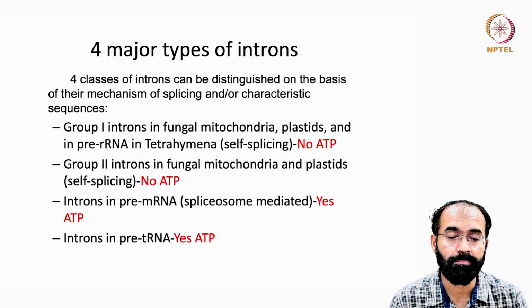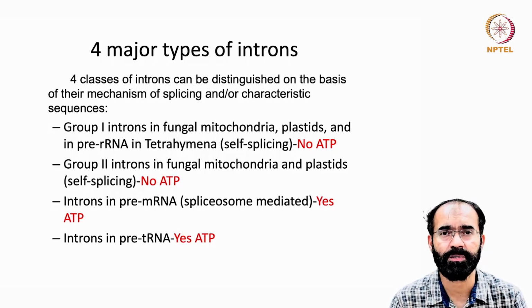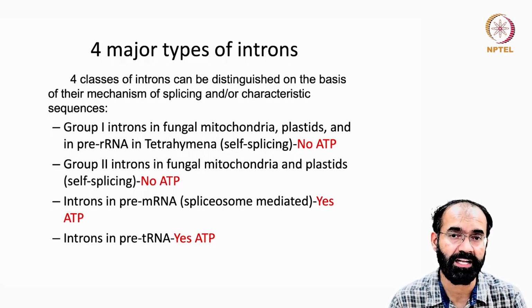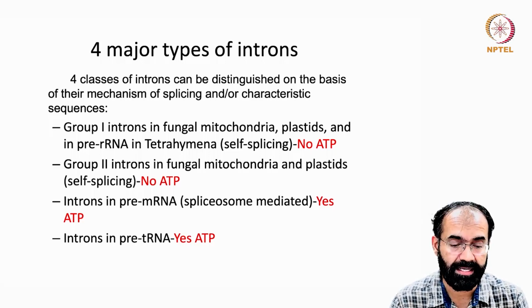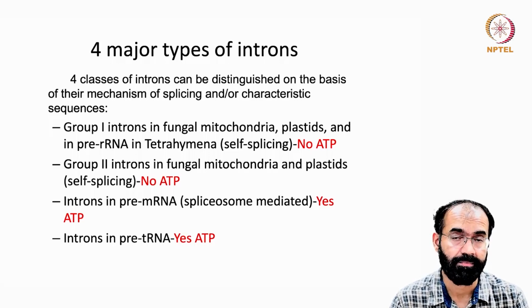And introns in pre-mRNA, that is spliceosome mediated, require ATP. They do make use of energy because they need plenty of spliceosomal machinery, and this machinery can function only if they have an adequate amount of ATP available. And introns of pre-tRNA also have this ATP requirement.